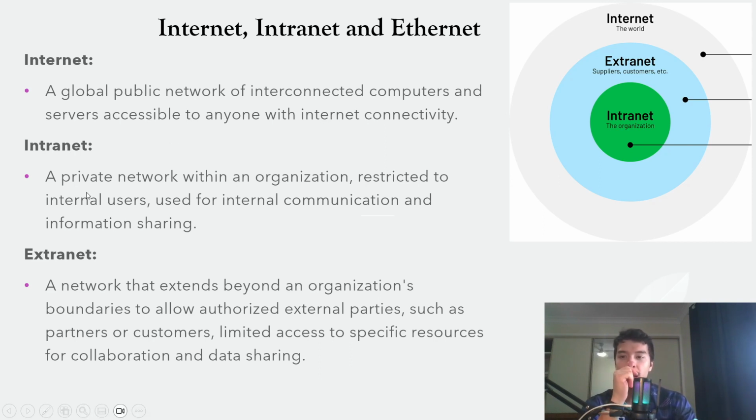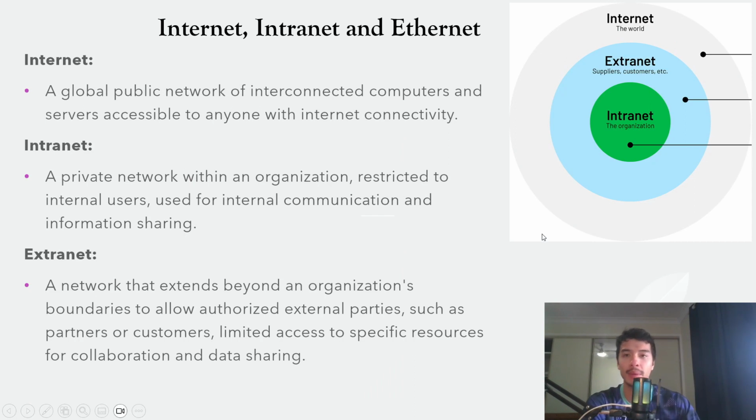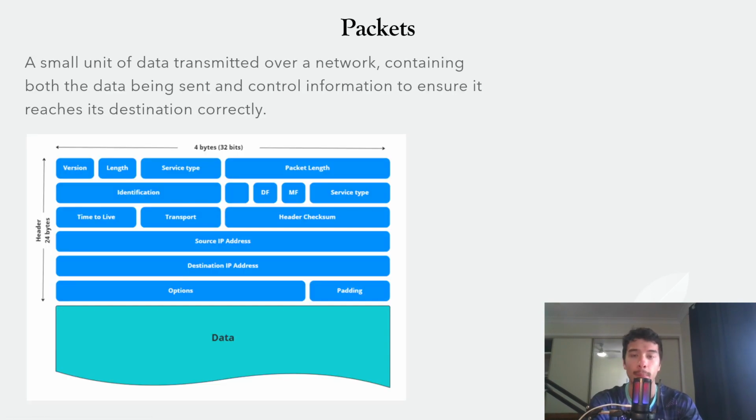An intranet is a private network within an organization restricted to internal users. Maybe it's used for sharing internal communication and information, okay? So it's basically like the internet, but more gate-kept towards maybe a business, maybe with special security measures and so on.